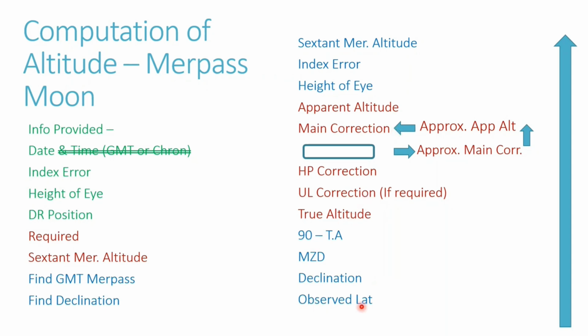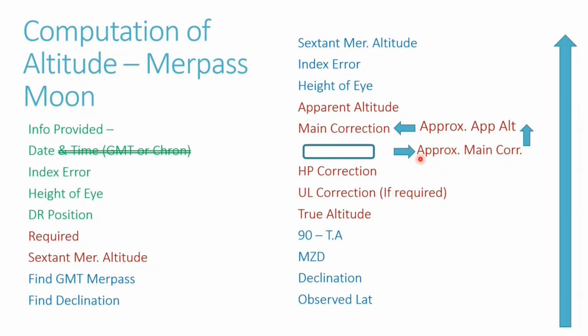We started off with the observed latitude. We combined it with declination to get the MZD. 90 minus MZD gives us the true altitude. We apply the upper limb correction in reverse if required. In case of lower limb, this will not be needed. Then we apply the HP correction from the bottom part of the table, and we get an uncorrected altitude. Now with this uncorrected altitude, we enter the main correction table and get the approximate main correction.